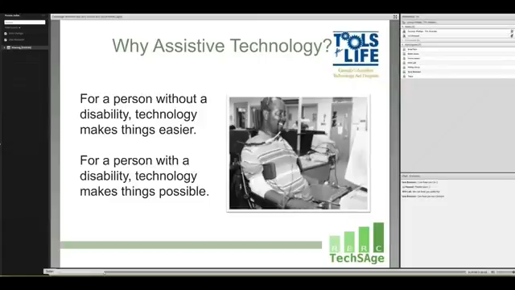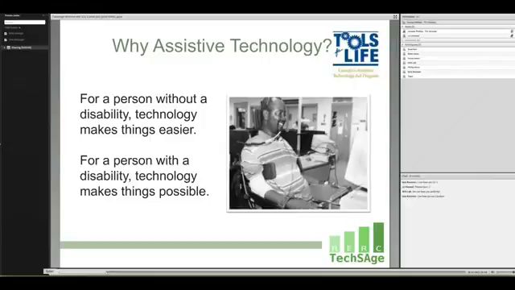It's amazing to see things like smartphones with voice activation, mobile devices. People love automatic doors. People love being able just to access a number of different things. Smart TVs, to be able to use their voice to change channels, how gaming has really changed in our society. But the truth is that for a person with a disability, technology makes things possible.